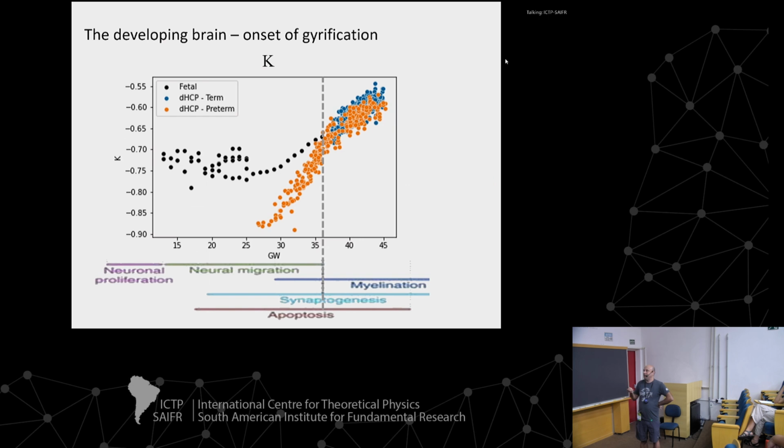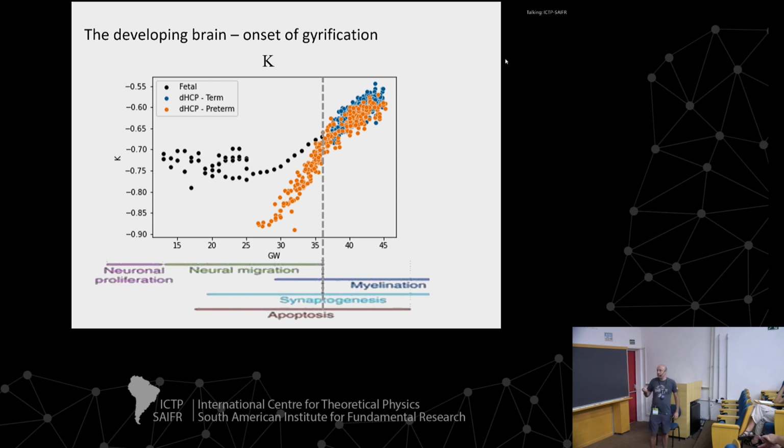We know the brain has been growing, we've seen it grow in the previous plots, but it's not folding; K just remains the same value. But after a certain period of time, folding suddenly starts to increase. And after birth, it keeps increasing, in fact at the same rate. So birth doesn't seem to affect this very much. The process of brain development continues before and after birth at essentially the same rate.